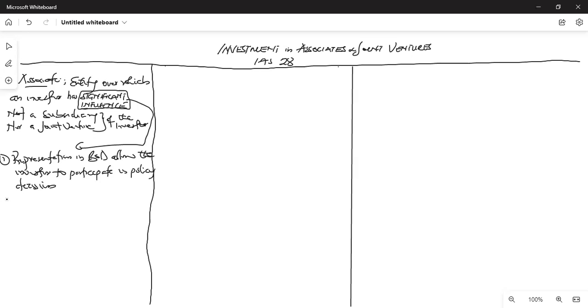Number two, if you have between 20 and 50% voting power, it means you have significant influence, unless it is demonstrated that this is not the case.